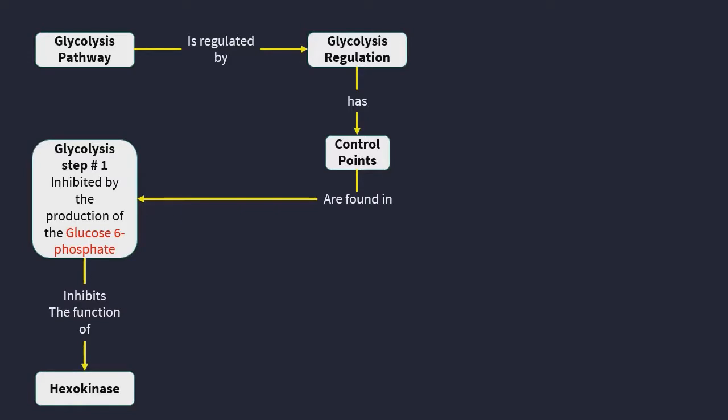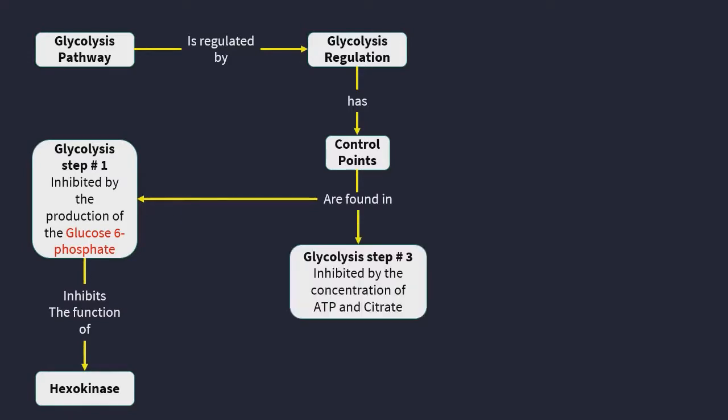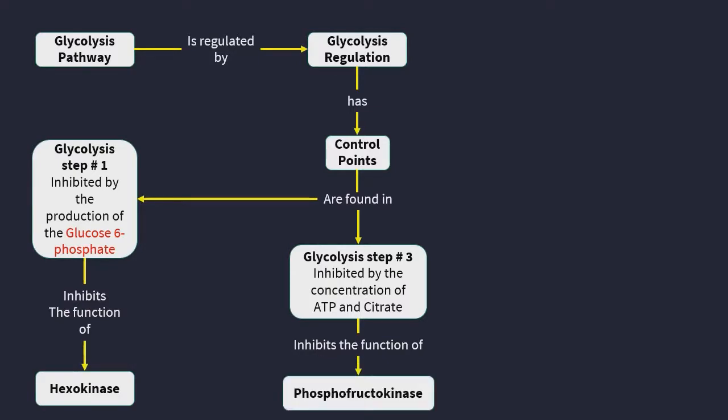Another type of glycolytic regulation can be found in glycolysis step number 3. Inhibition of the enzyme is done by the concentration of ATP and citrate. When ATP is already in the highest concentration, and at the same time citrate is also present, then this will inhibit the function of another enzyme involved in step number 3, and that is phosphofructokinase.